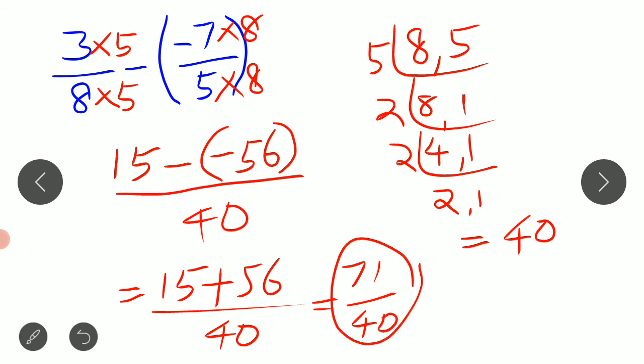Which is in simplest form, we cannot simplify further, but it is improper, so we can write it in mixed form. So like this we can simplify the addition and subtraction of rational numbers. When do we do this LCM step? When the denominators are different, we apply this. When the denominators are same, we simplify the numerators directly.